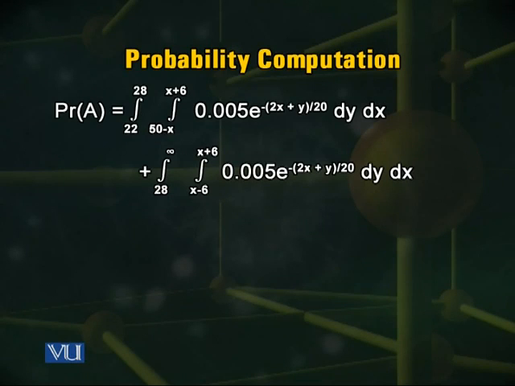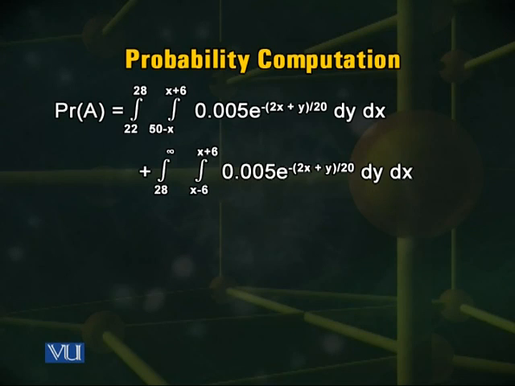You take this double integral, and the function to be integrated is the joint PDF. The second integral represents the long strip, where x goes from 28 to infinity and y goes from x minus 6 to x plus 6.